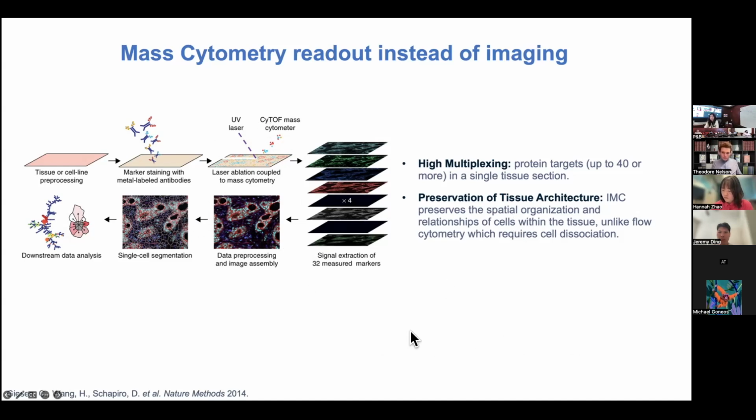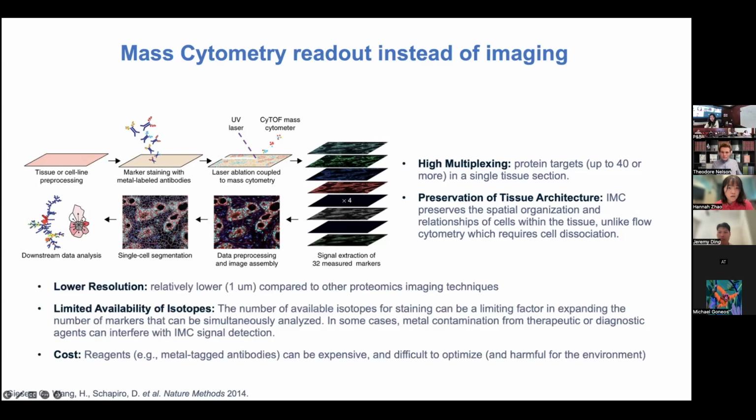So the benefit is you can multiplex, and you can easily make metal-tagged antibodies. You're still doing spatial proteomics without the downsides of the fluorescence-based methods. The downside is that optimizing the metals and understanding how metals behave is its own field requiring expertise, and so is understanding the mass spec.